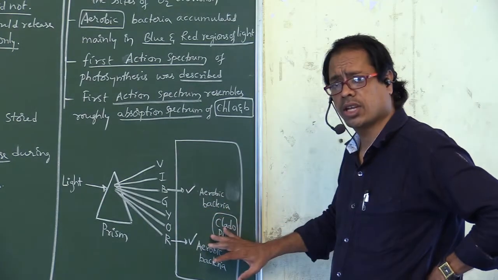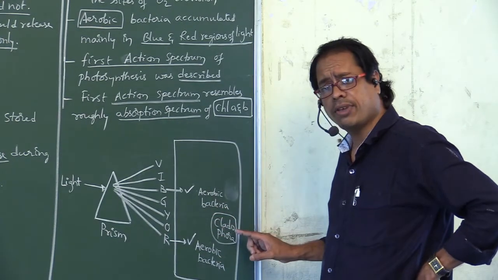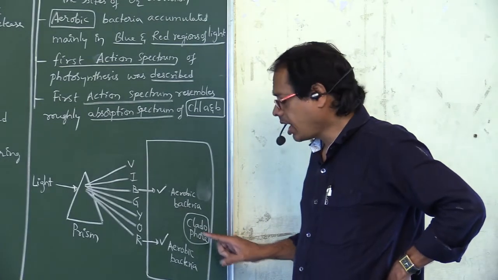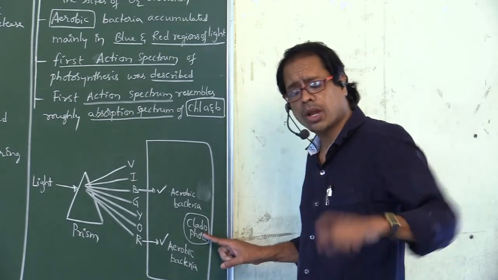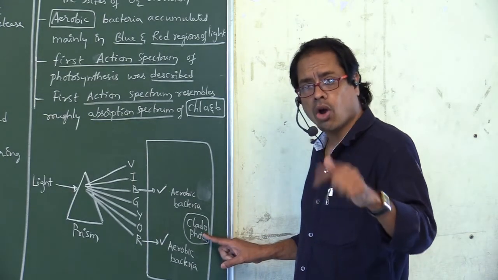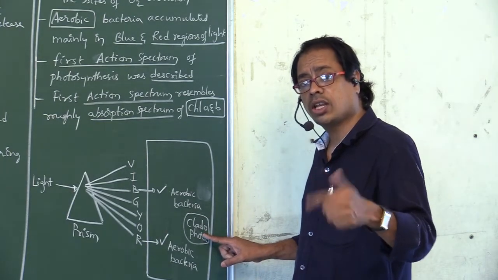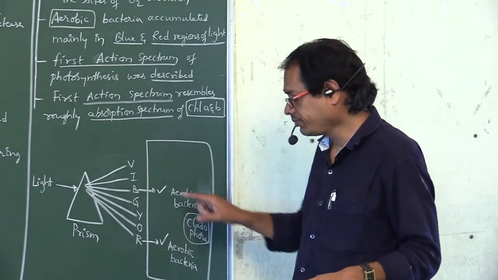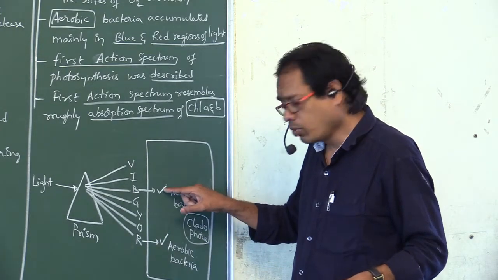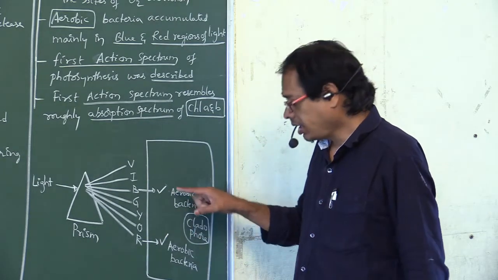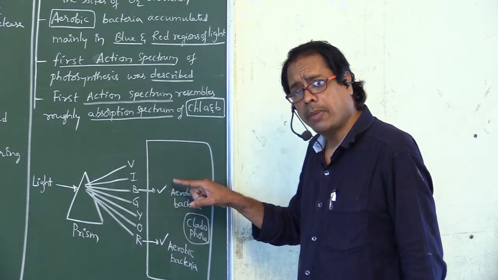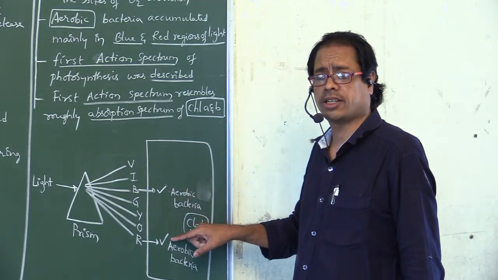Here is a suspension having the Cladophora plant, and aerobic bacteria are used. When this plant performs photosynthesis, oxygen is released at blue light and red light. How can we detect it? Aerobic bacteria are present mainly in blue light and red light.